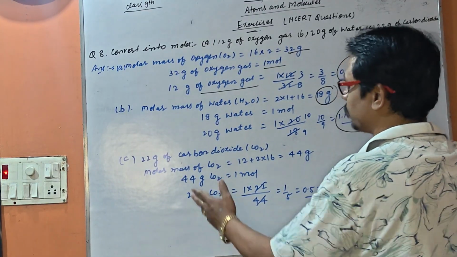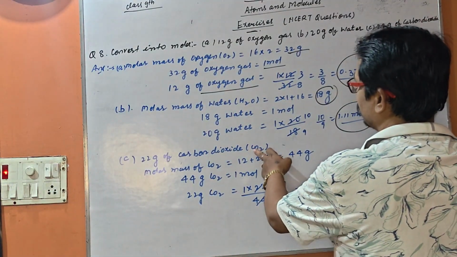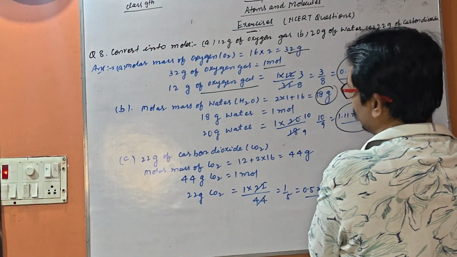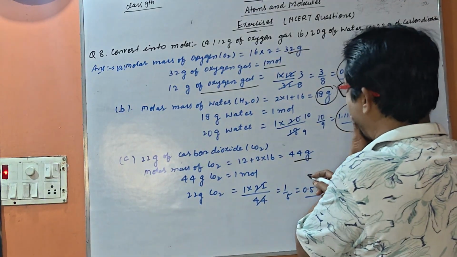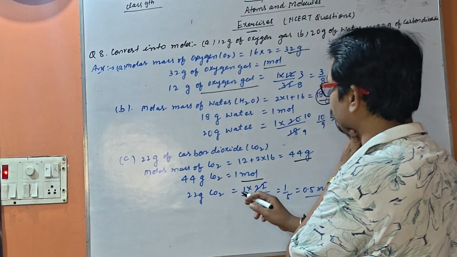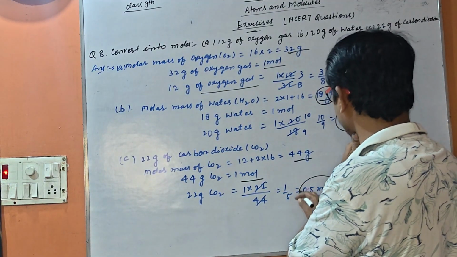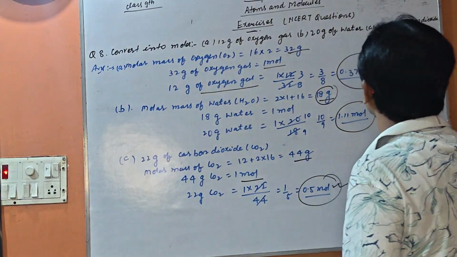Next question is 22 gram of carbon dioxide. Molar mass of CO2 is equal to 12 plus 2 into 16; 12 is the atomic mass of carbon, oxygen is 16, 2 into 16 is 32, so 44 grams. 44 grams is 1 mole, therefore 22 gram of CO2 is equal to 1 by 2, so 0.5. This is your answer.